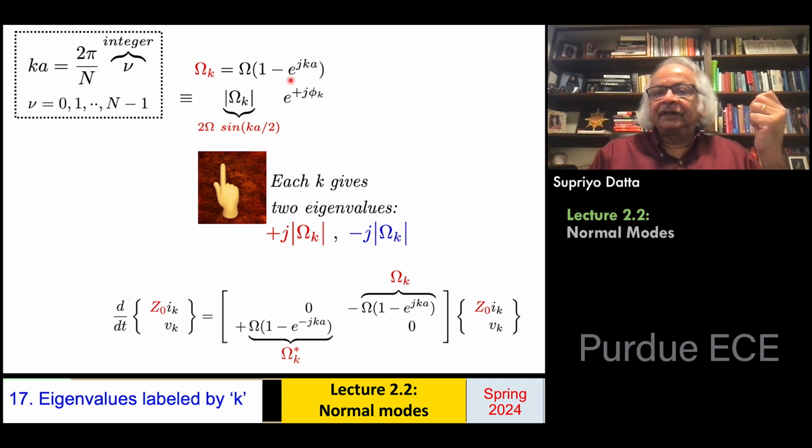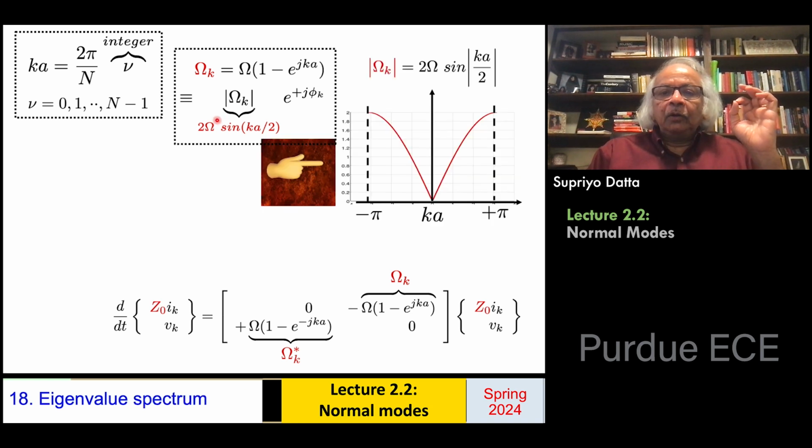Well, this is a complex quantity, but if you do a little algebra and find its magnitude, in other words, you write out the real part and the imaginary part, square them, add them up, and take the square root, you'll get this quantity. So the magnitude is 2 omega sine of Ka over 2. And then there's a phase to it, but that's this element with some phase here.